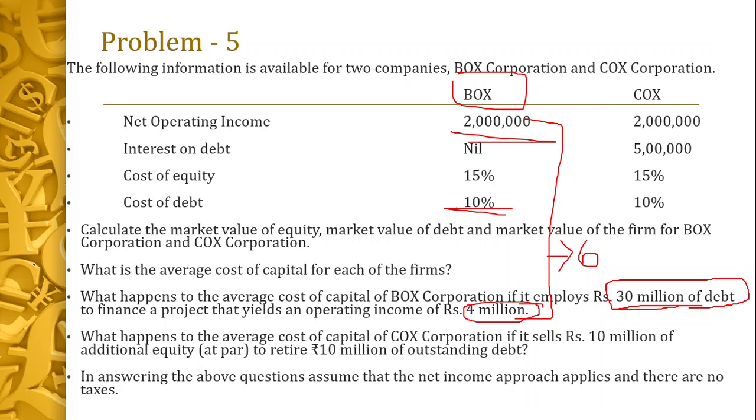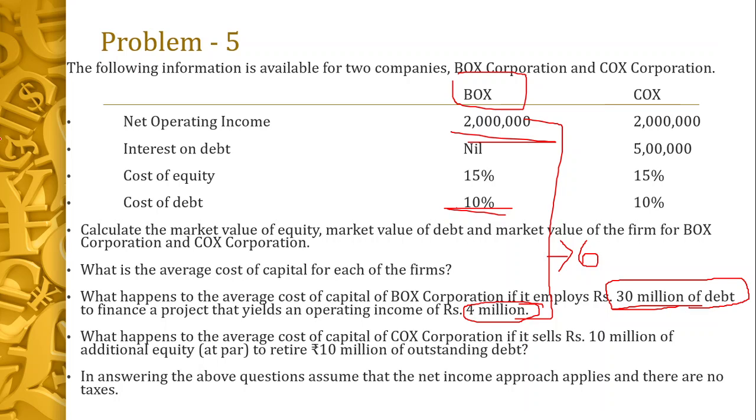Correct? Now, dividend theories, as the name tells, are theories. The persons who have given the capital structure theory have also given the dividend theory. So, all these things you will have to know.